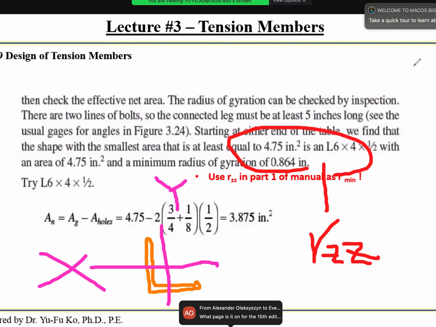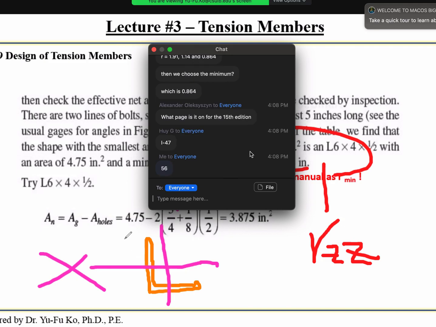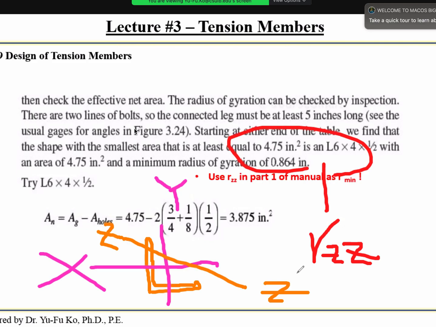The actual minimum is the z-axis, which is somewhere here. The table already figured it out for you. So you've got to use RZZ, not RXX or RYY. This is for unequal leg. You have RZZ. If your section is symmetric, then you don't have RZZ. You have RX and RYY only. Just remember that. Any questions?